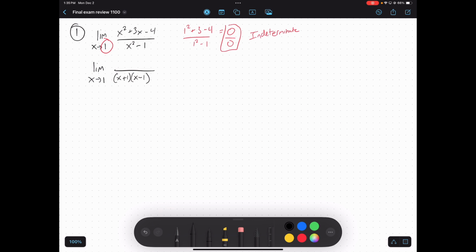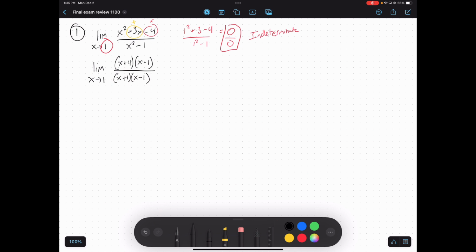So I need two numbers that multiply to equal negative 4 and add to equal positive 3. Positive 4 and negative 1. Very nice. So x plus 4 and x minus 1.